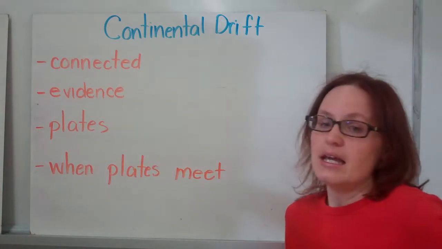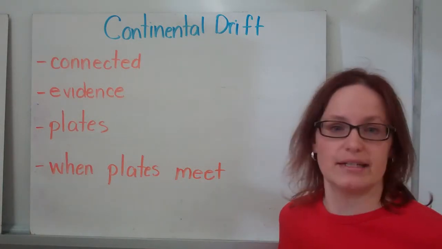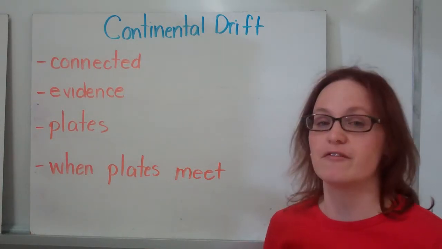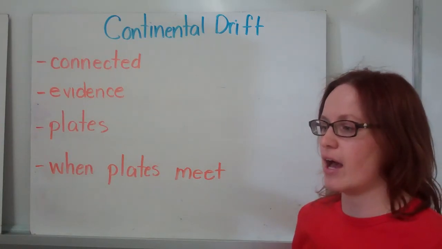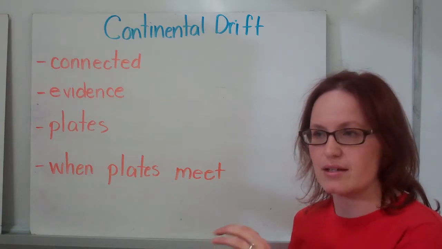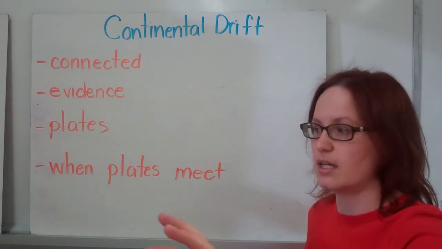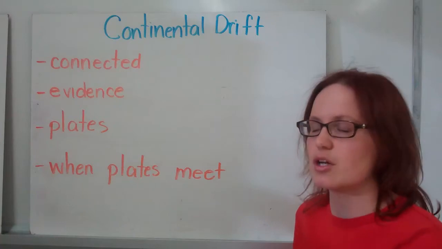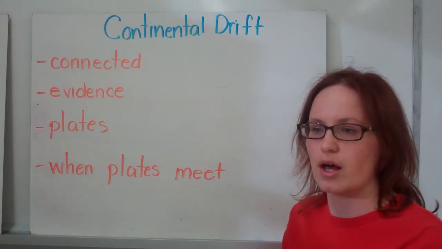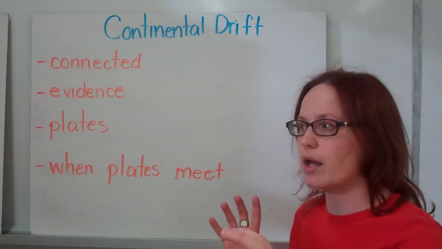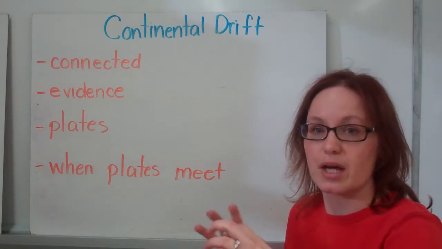Now, the evidence of the continental drift theory is that there have been fossils found, a lot of dinosaur bones that are found in one region that is now completely separate from another region, but the fossils are the same, which suggests to scientists that those animals or those plants were once in the same region and were attached.